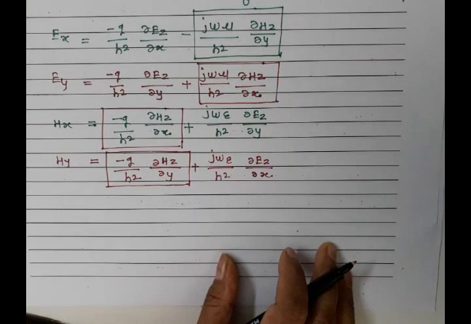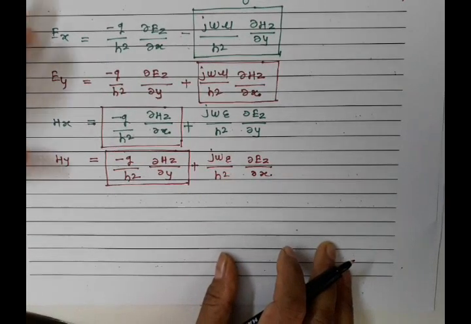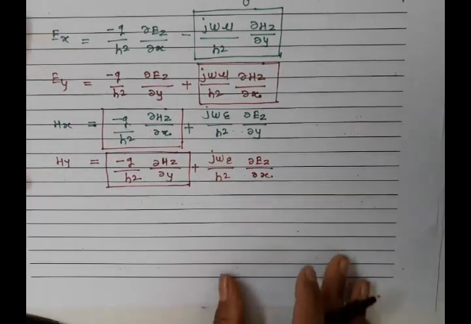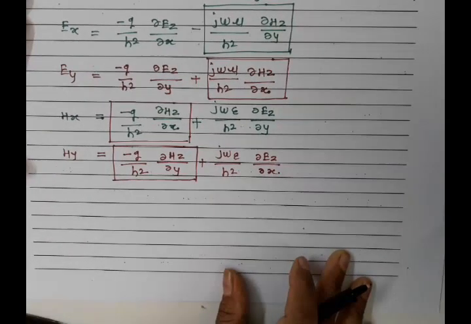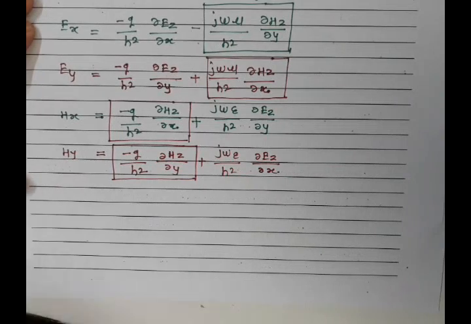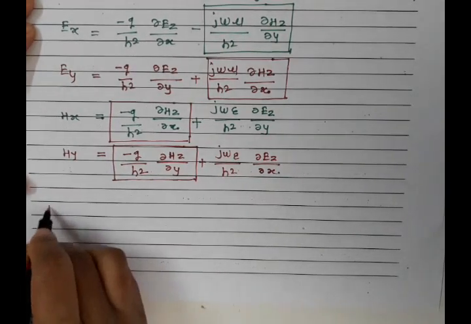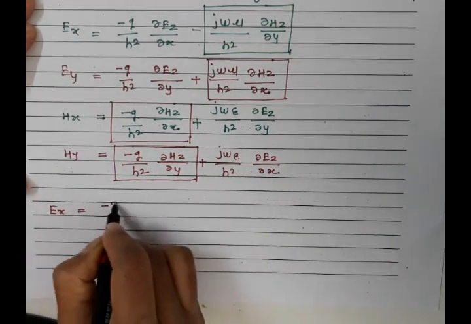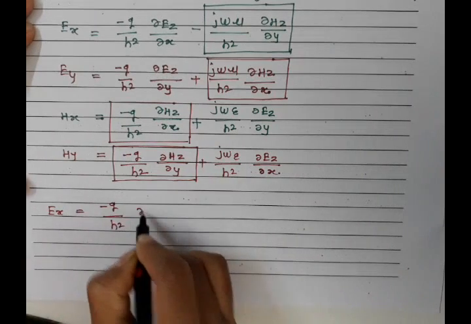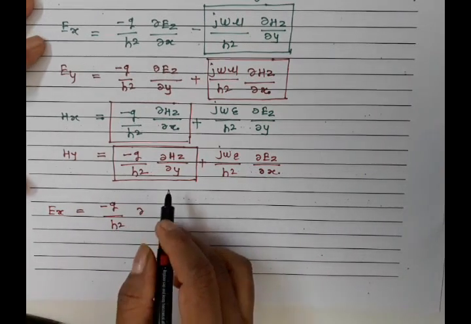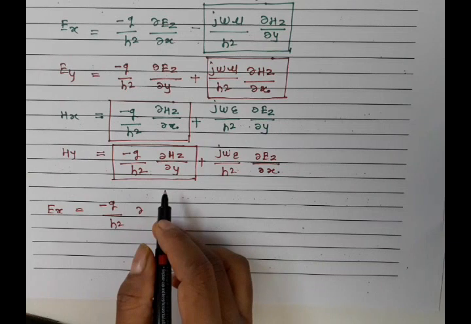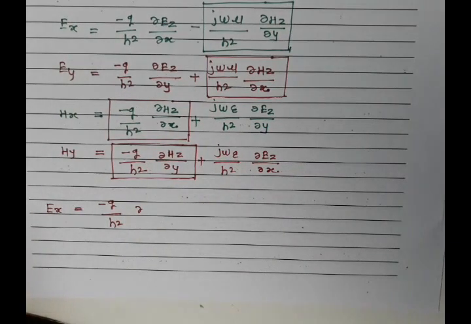So we'll solve further. If you want to solve, I'll solve one of the components, then you can understand how to solve the other components. When I'm talking about the Ex component, let us say Ex is equal to minus gamma by h square d of Ez. Now we know what our Ez is; it is equation number 5, which we can write here.